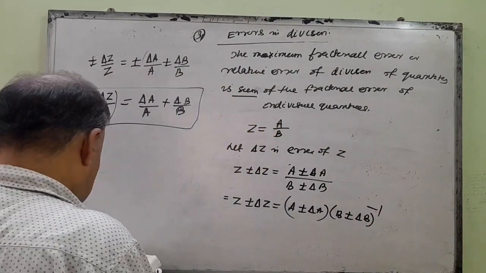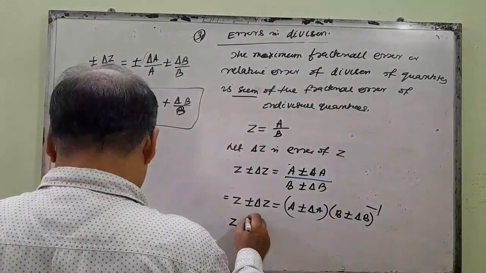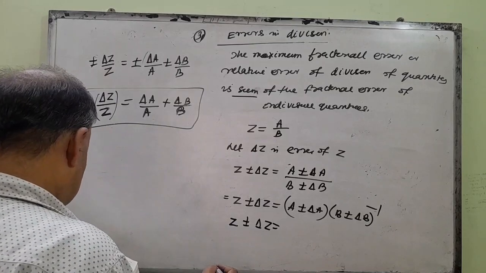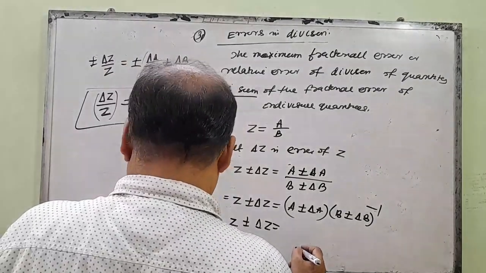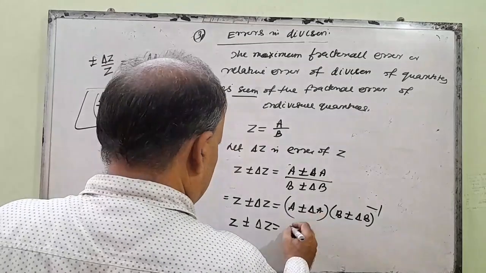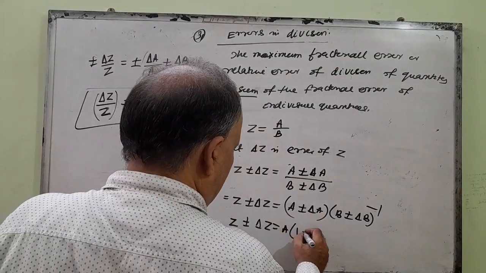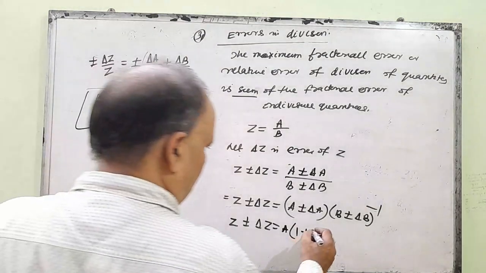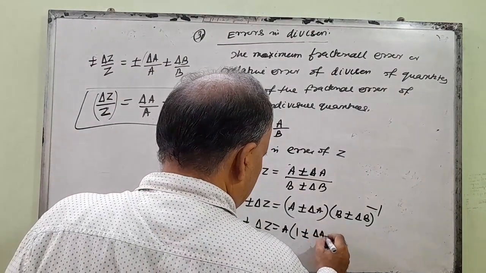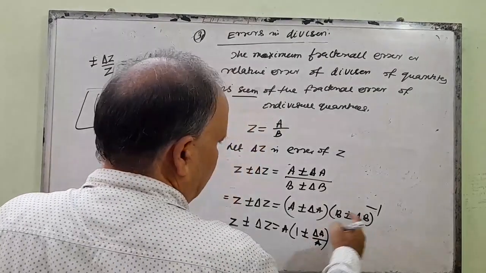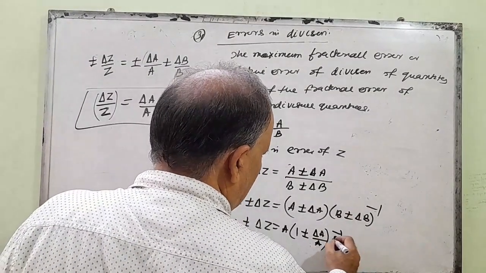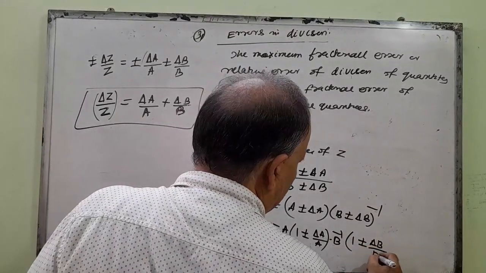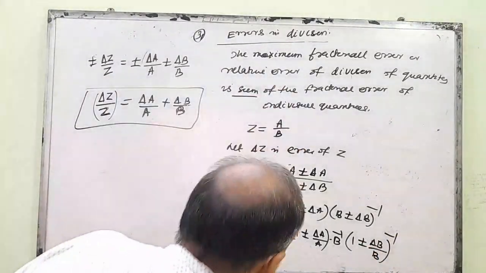I can write, you see, Z plus minus delta Z. Here you take A common, this is your 1 plus minus delta A by A, and here you take B common, that is B to the power minus 1, 1 plus minus delta B by B whole to the power minus 1.